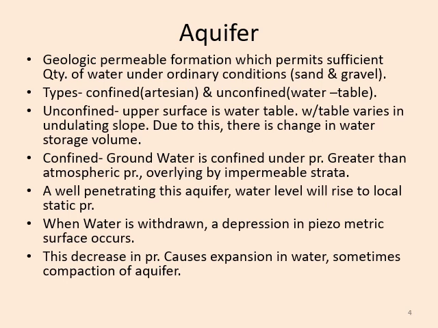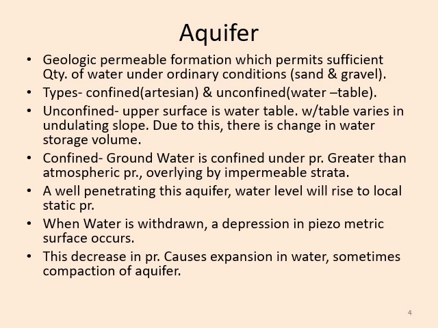When water is withdrawn with the help of the well, or you can visualize it with the help of a hand pump, a depression in the piezometric surface occurs. Piezometric surface means the water table level. So when we withdraw some quantity of water from this well, automatically the level of water will be reduced, so a depression will occur.